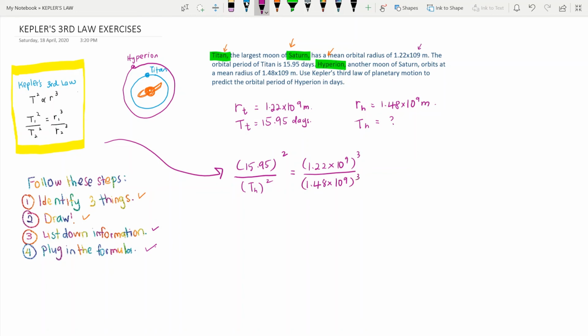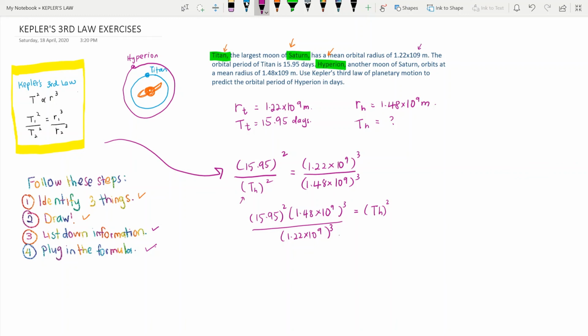Alright. Jadikan, kalau kita nak cari period of Hyperion, kita mesti jadikan T ni adalah subject kepada equation. So maksudnya kita kena tinggalkan dia seorang-seorang. So it will be something like this. Lepas kita dah tukar-tukar tempat, kita boleh dapatkan value of orbital period of Hyperion.